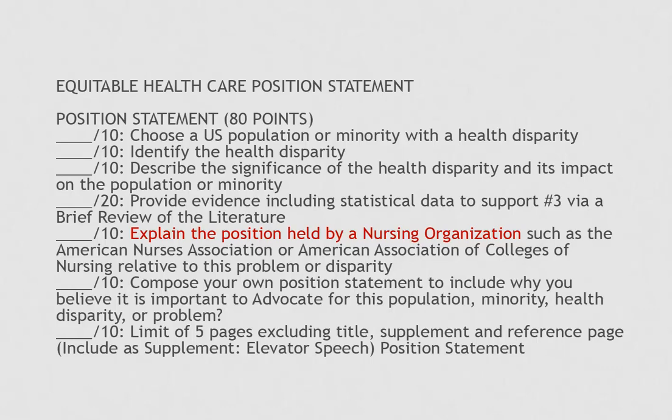You can be a little more broad. So you can look at a nursing association statement on access to preventative care services, and that would relate directly back to this expectation. And finally, the paper requires that you make your own position statement regarding this subject. So this is where you have the opportunity to share your opinion or your thoughts on the health disparity.